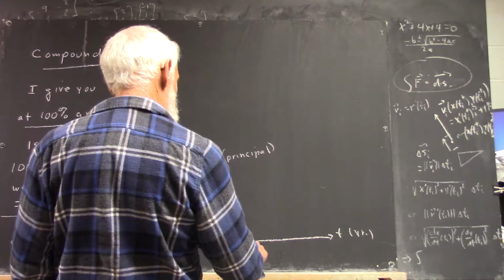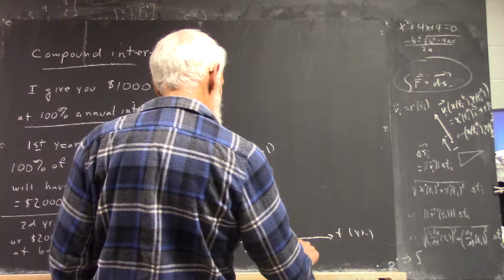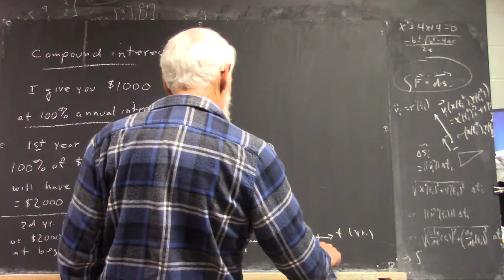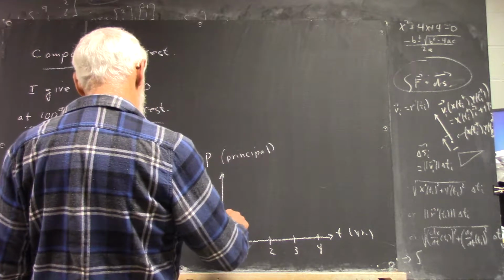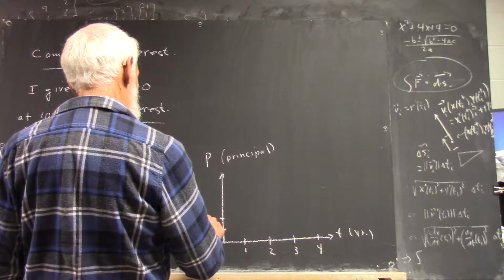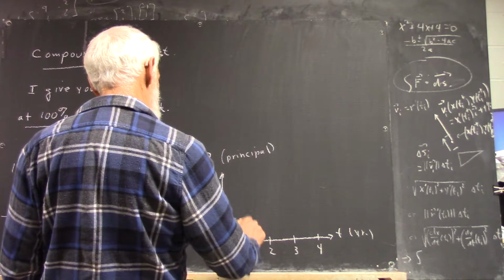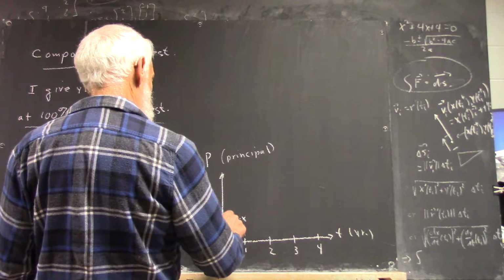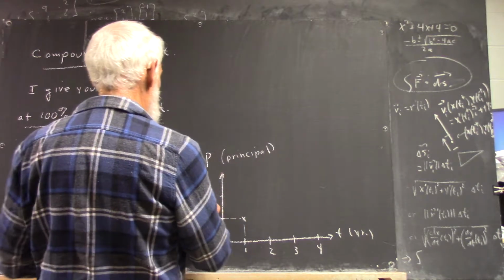Then after 1 year, 2 years, 3 years, 4 years. After 1 year, you're going to have $2,000. After another year, that's going to double. You're going to have $4,000.